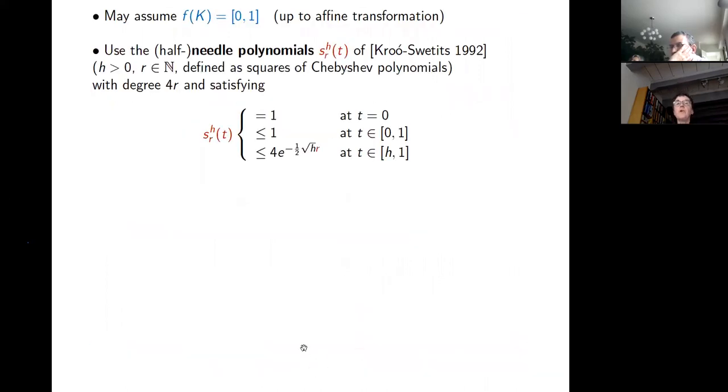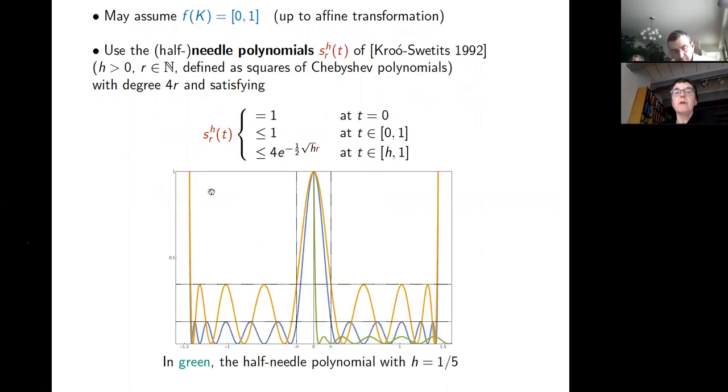And the other approach is, let's just go back to the starting point, which is to try to build a nice sum of squares polynomial which approximates well the Dirac delta. So up to an affine transformation, f of K is the interval [0,1], and you want to find a nice sum of squares which approximates the Dirac at 0. There are lots of polynomials, but let's just look at the green polynomial which is shown here.